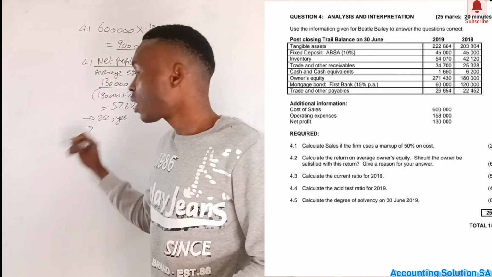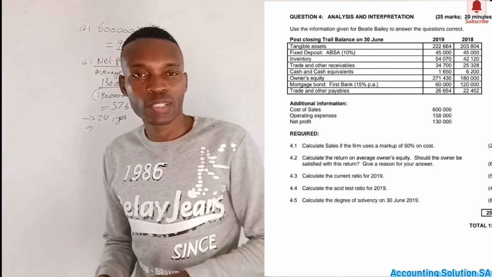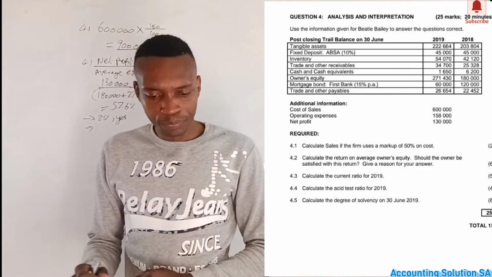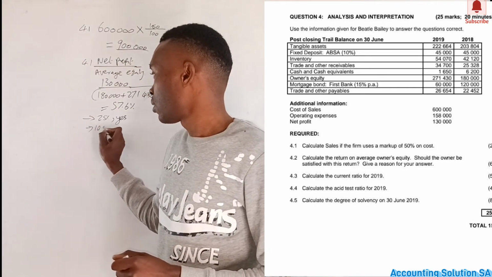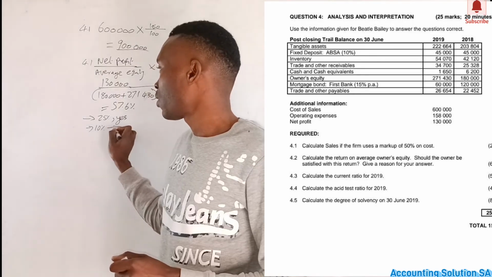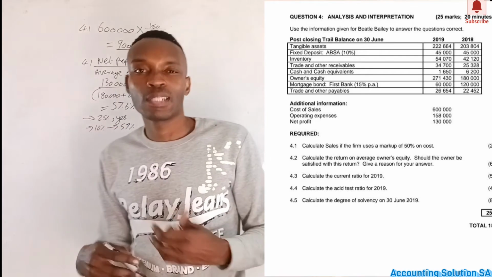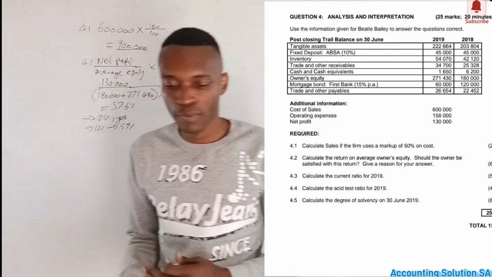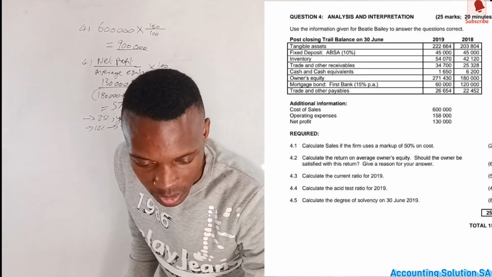Another option, you can compare with the fixed deposit rate. As you can see, the fixed deposit interest rate is 10%, which means that 57% is better than 10%, which means that he's going to be satisfied. Very simple as that. 6 marks for this.